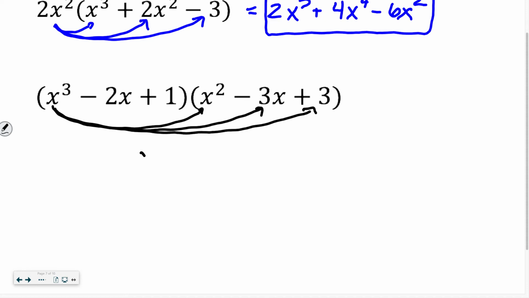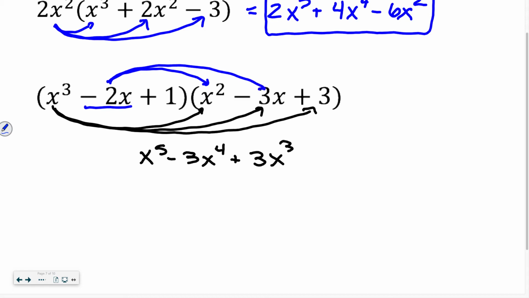That's going to give me x to the 5th minus 3x to the 4th plus 3x cubed. Then I'm going to take this middle term, which is negative 2x, and I'm going to distribute it. So negative 2x times x squared, times negative 3x, times 3.